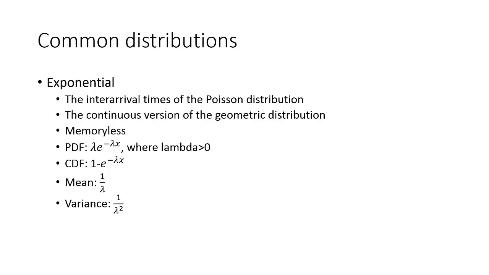So if this distribution were uniform, the probability that it would fail between year 1 and 2 would be the same as the probability that it would fail between year 5 and 6. That would be uniform. What we mean by saying the exponential is memoryless is that the probability the bulb would fail between year 1 and 2 is the same as the probability the bulb would fail between year 5 and 6 if I tell you at the start of year 5 that the bulb has already not failed.